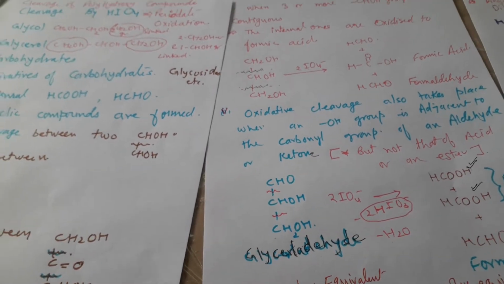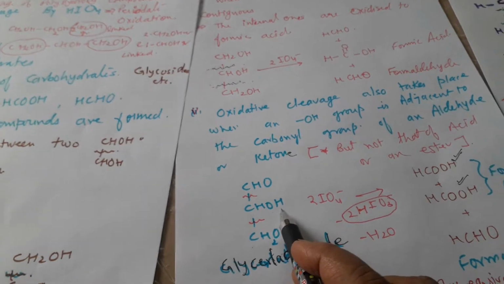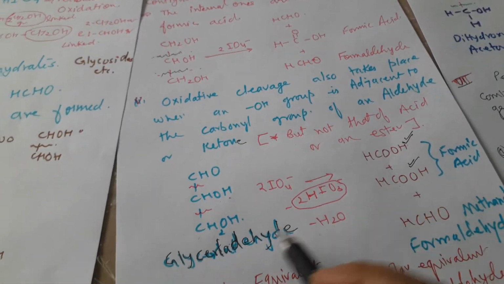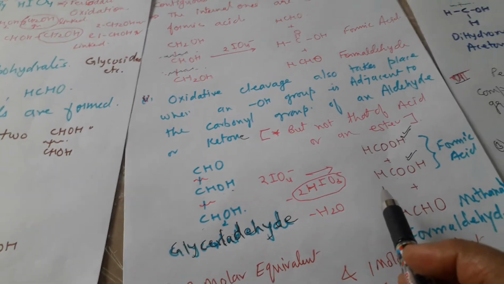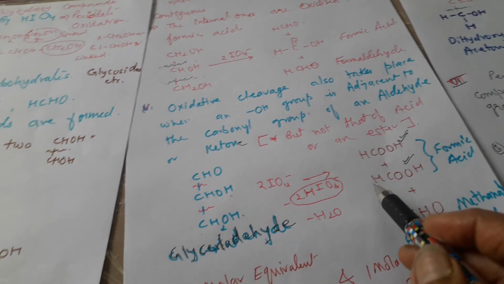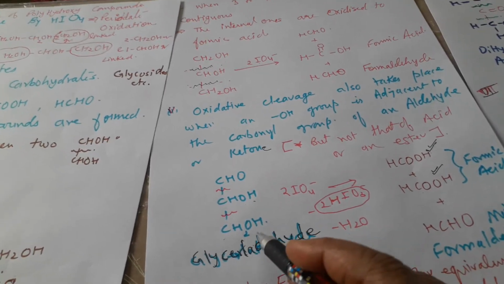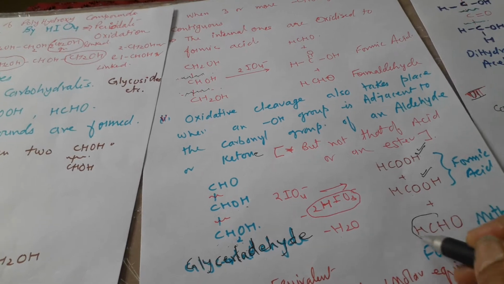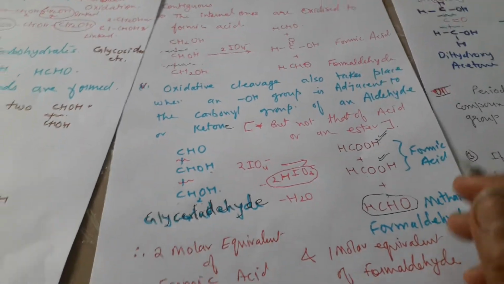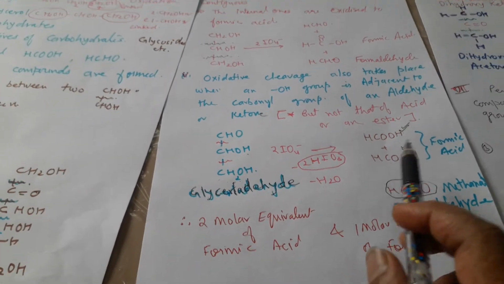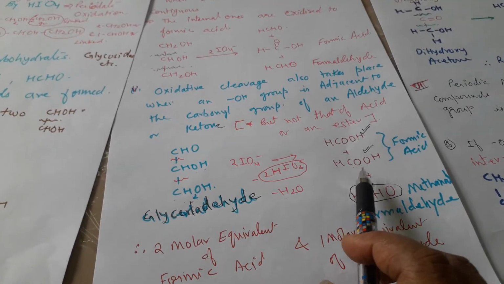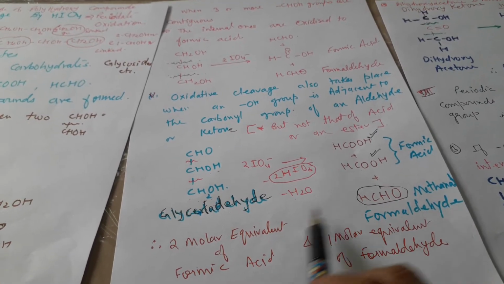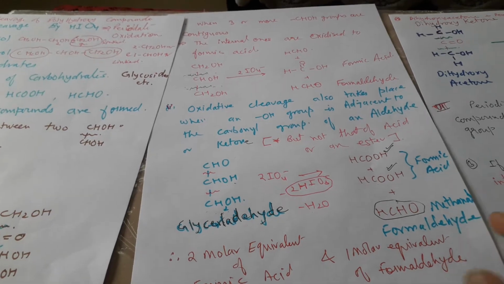As I told you, the internal CHOH is converted into formic acid, and the CH2OH end group is converted into formaldehyde. Okay, so here we are getting 2 molar equivalents of formic acid and 1 molar equivalent of formaldehyde.